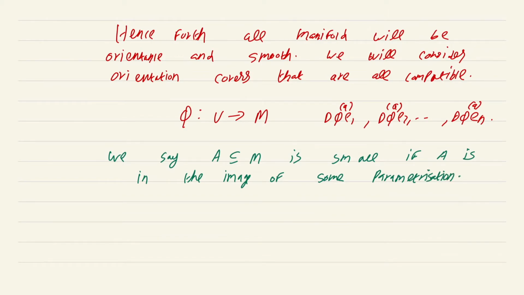Okay, so now we can go ahead and define integration on manifolds. First, we define what measurable sets and sets of measure 0 are. The definition will be rather straightforward. Measurable sets and sets of measure 0.